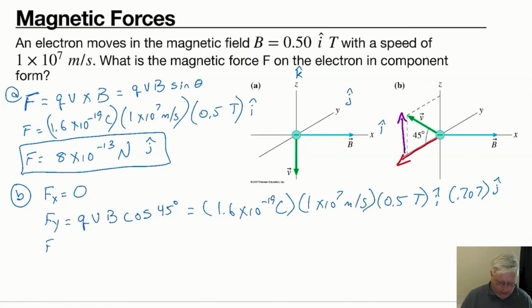So for the y, I got 5.7 times 10 to the minus 13th newtons. In which direction?